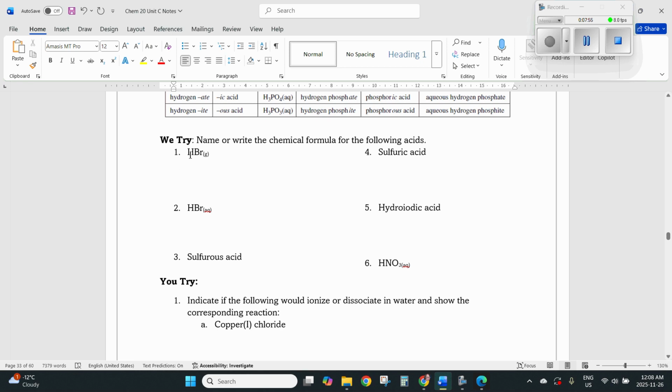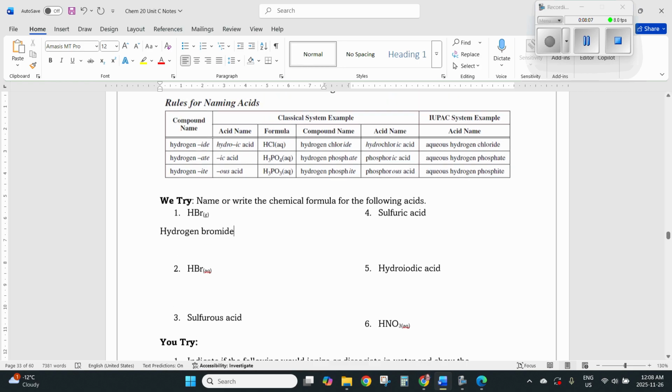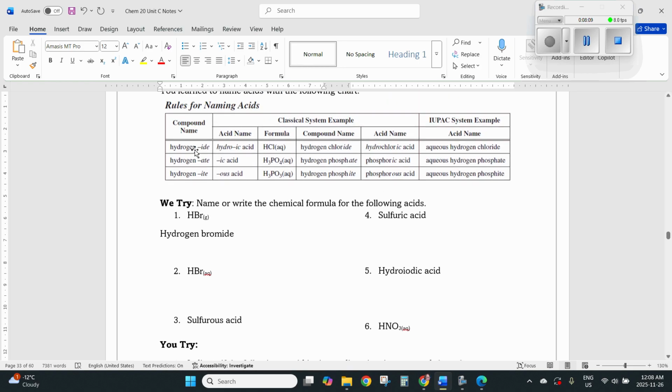So here we have HBr. Again, name it like an ionic compound. This is hydrogen bromide. So you ask yourself, does it look like 1, 2, or 3? To me, it looks like 1 because it's hydrogen and then it has IDE at the end.